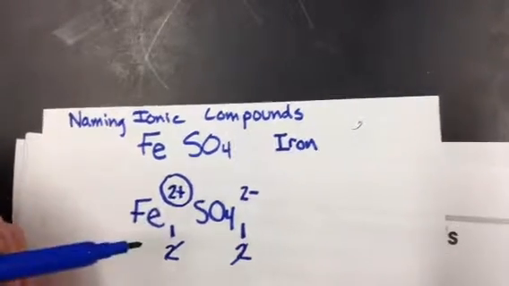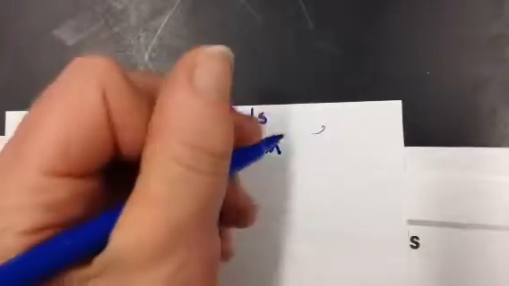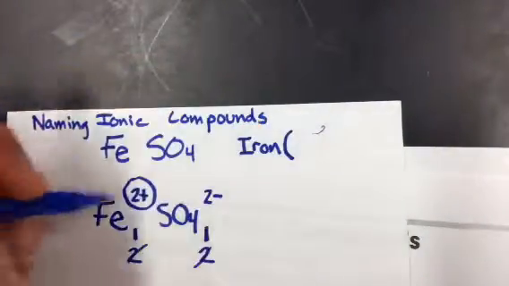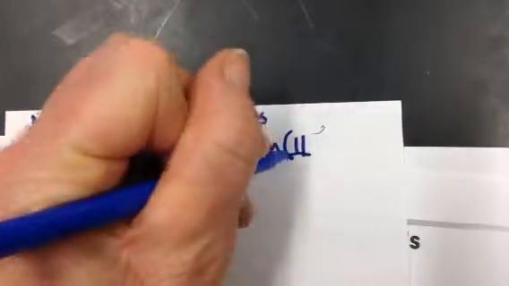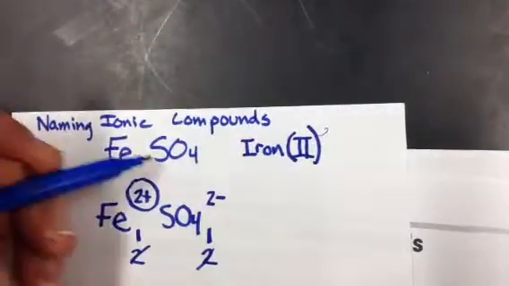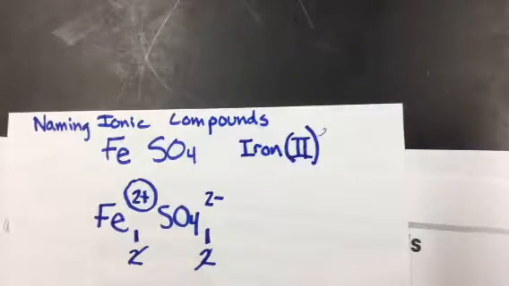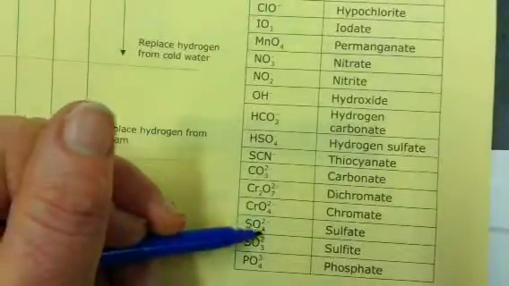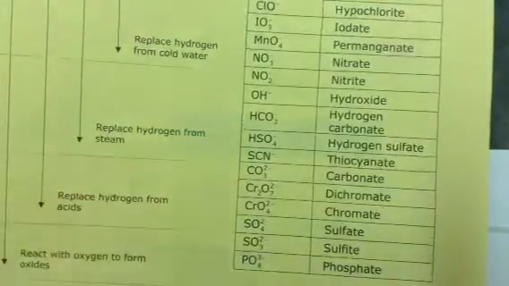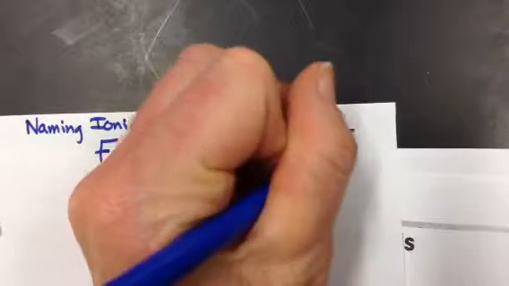So we figured that out pretty easy. So in parentheses, you are going to write the Roman numeral that represents the oxidation number. That's iron 2, and right here we have our SO4, so we'll go back to our reference table. SO4, -2, that's sulfate.